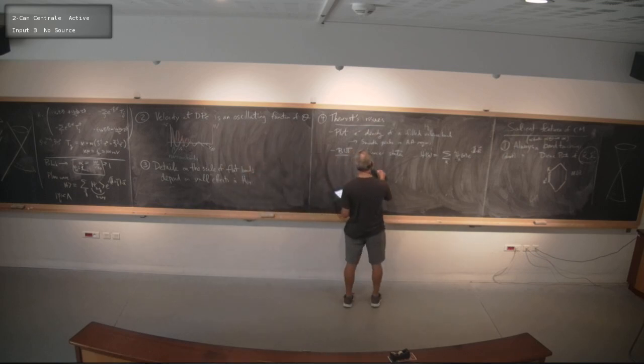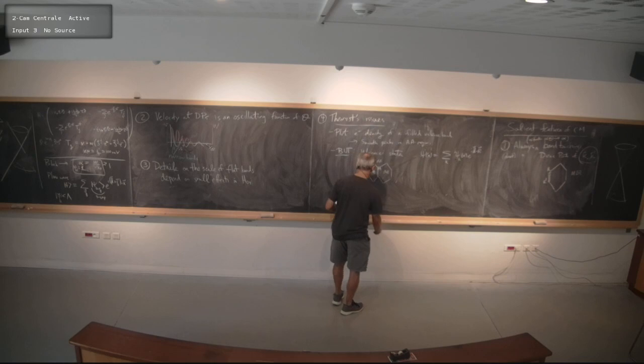If you have the Moire lattice in real space, so this is not graphene now, you have the AA region here, and these are maybe AB and BA. The Wannier centers are actually here.